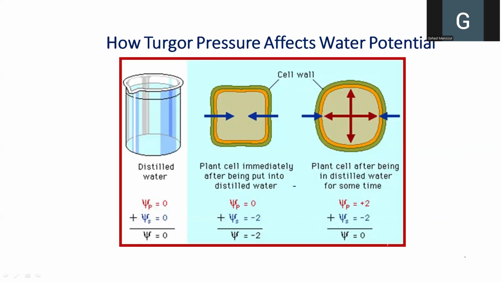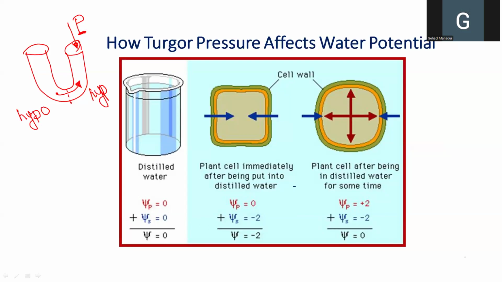Let's see this interesting example about how the turgor pressure affects water potential. Just like we saw before in our famous example of the U-shaped tube, we said that if you apply pressure from the outside, in addition to the atmospheric pressure, this would affect the flow of water by osmosis from the hypotonic solution to the hypertonic solution.